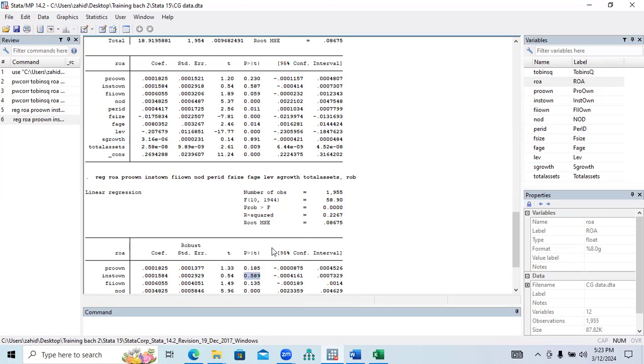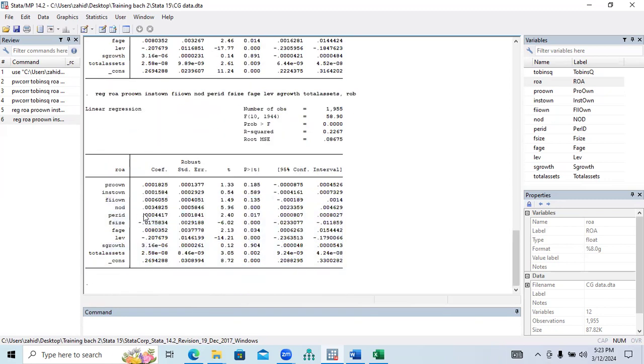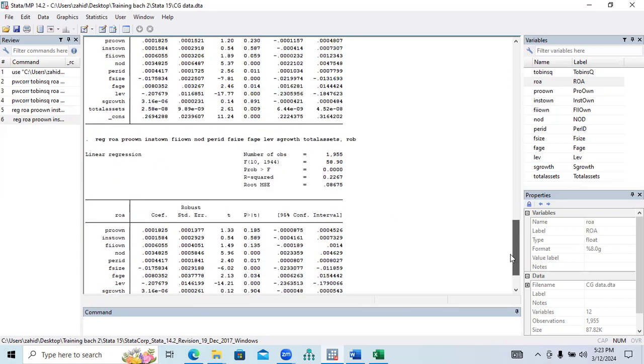The p value was previously 0.587, but now it is 0.589. So it is a 0.002 increase in your p value. In the same way, financial ownership, if you can observe, the previous value was close to 1.96, and you can see here it has now decreased.